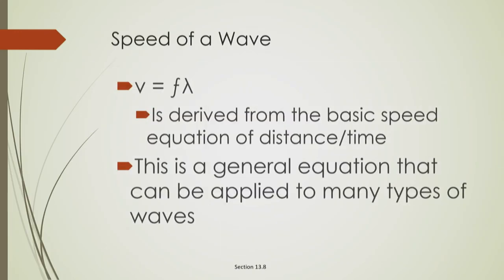So we talked about the speed of a wave. The velocity is going to equal the frequency times the wavelength. That was one of the things we covered on Friday. If I have an electromagnetic wave, like a radio wave or a light wave, or something on our spectrum like a microwave, the speed is going to be the speed of light.